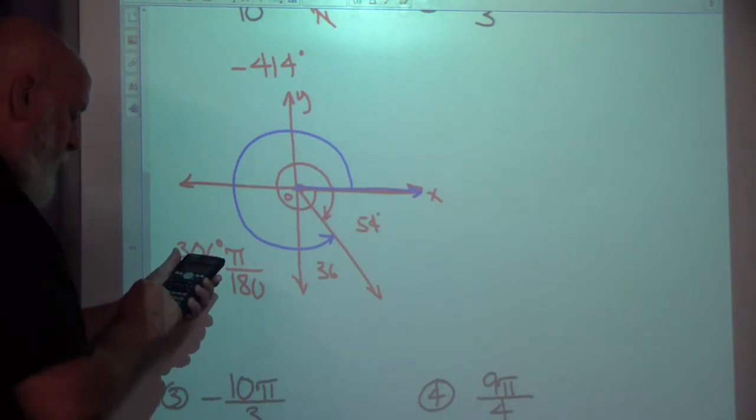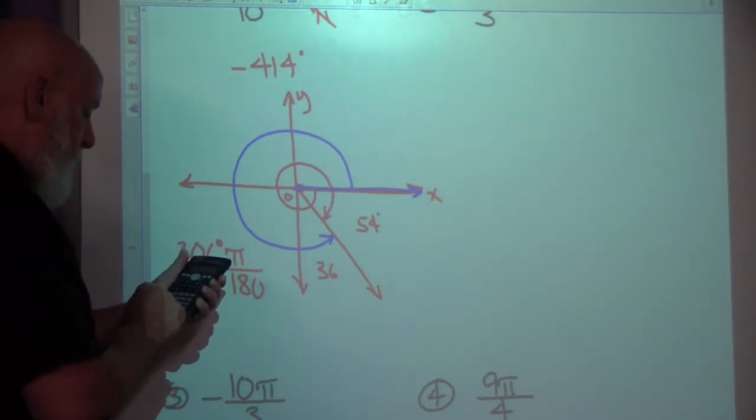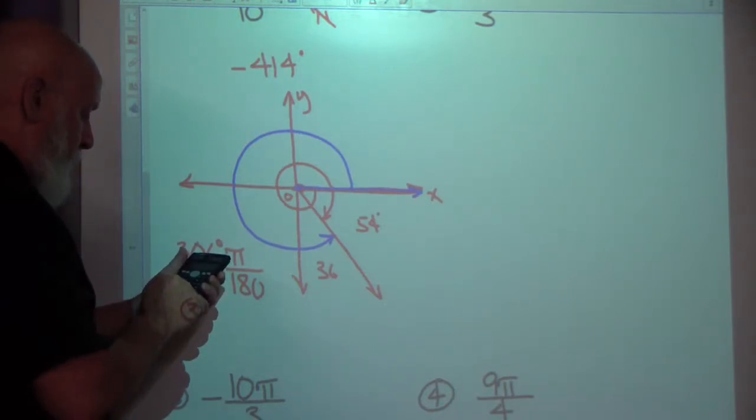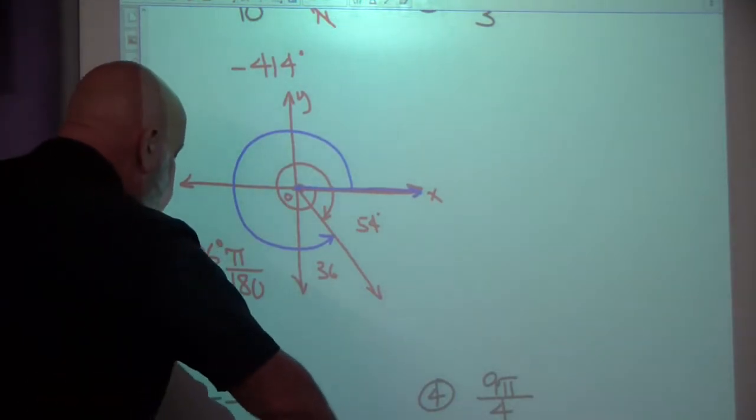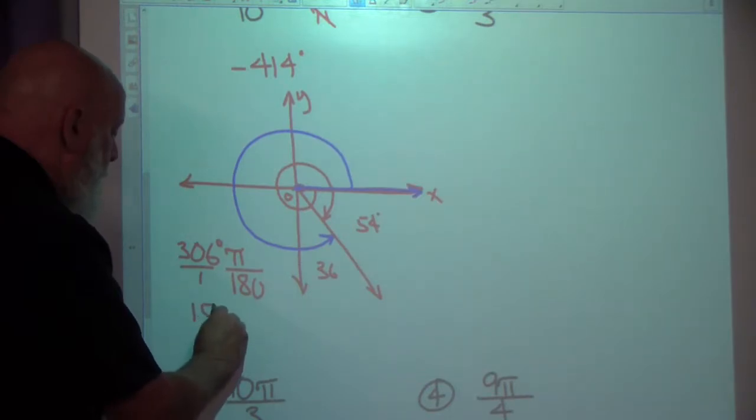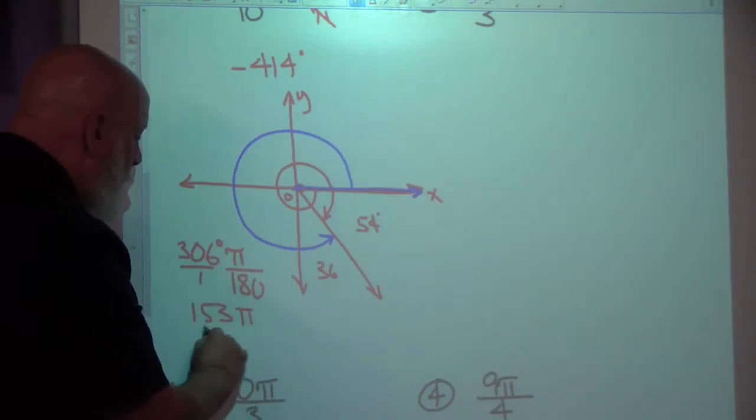306 divided by 2 equals 153. My brain isn't working. 90.